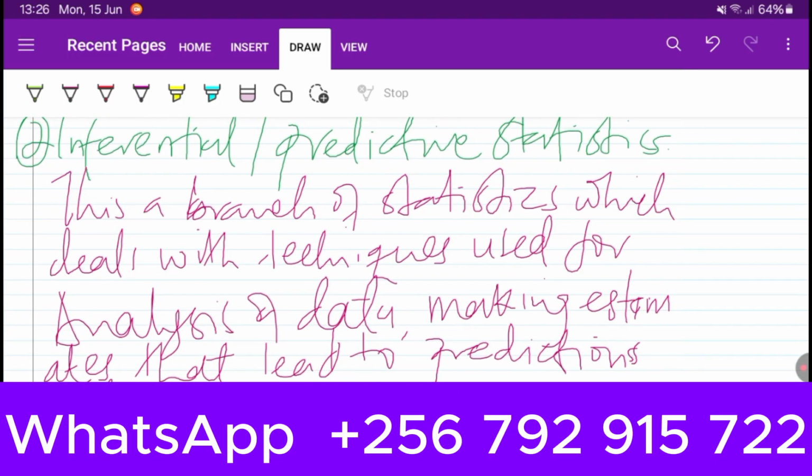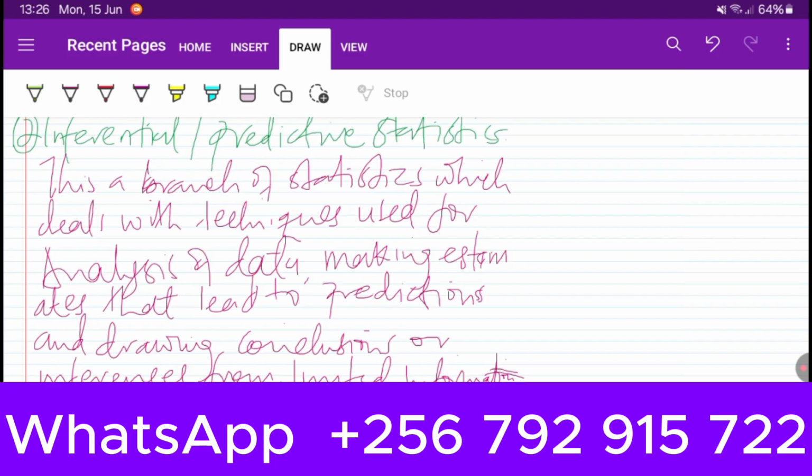Now, when you look at inferential statistics, you can call it inferential statistics, or what we call predictive statistics. You can see it comes from the word prediction, predictive statistics.